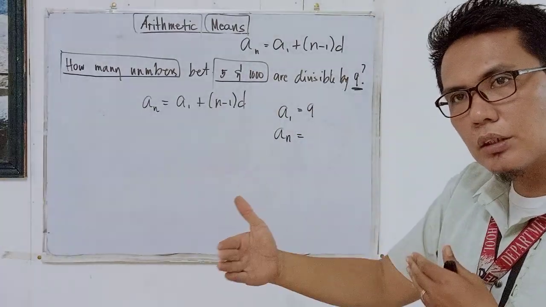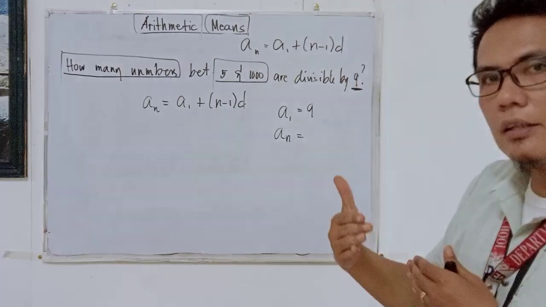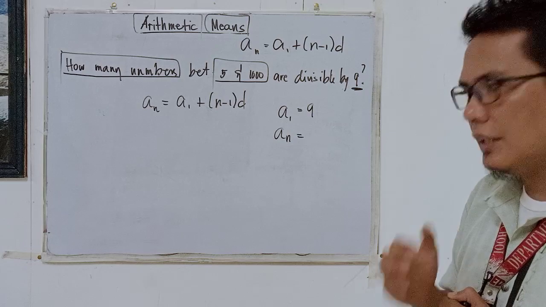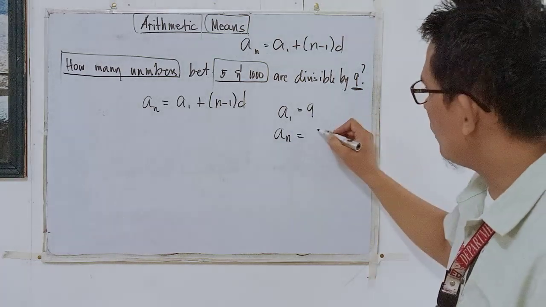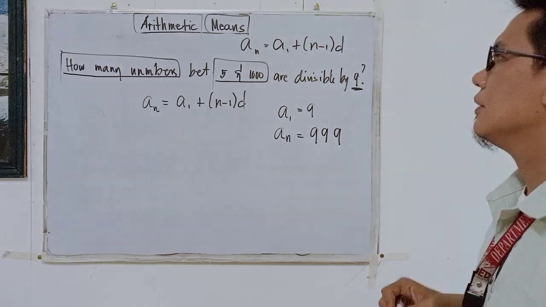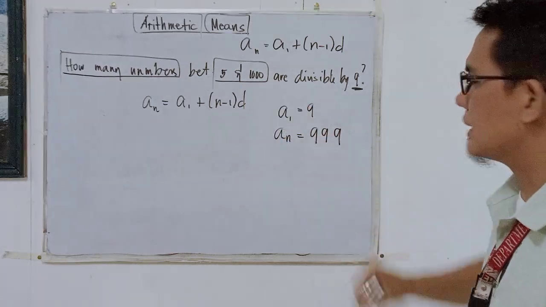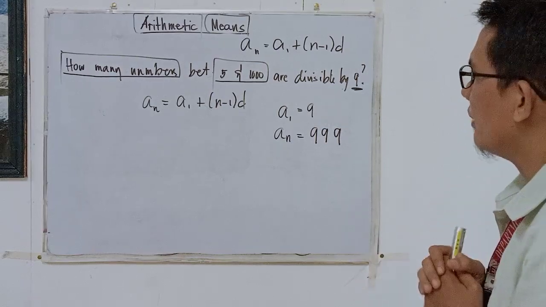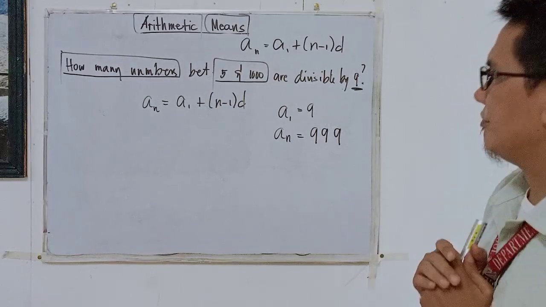What is the next number in decreasing order? That is 999. The question: is 999 divisible by 9? The answer is yes. So therefore, our last number that is divisible by 9 between 5 and 1,000 is 999. With that given information, we can now solve.